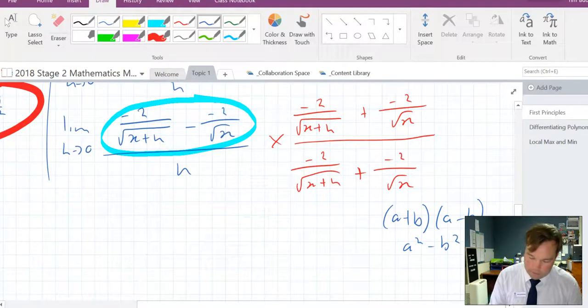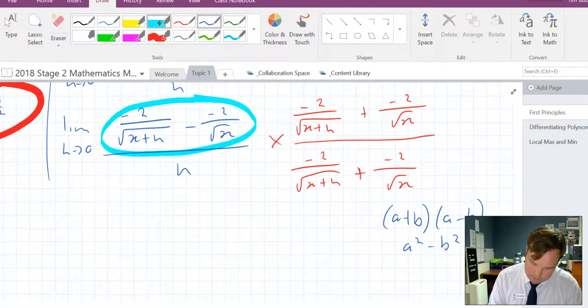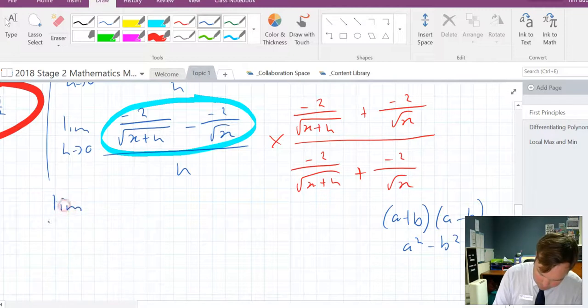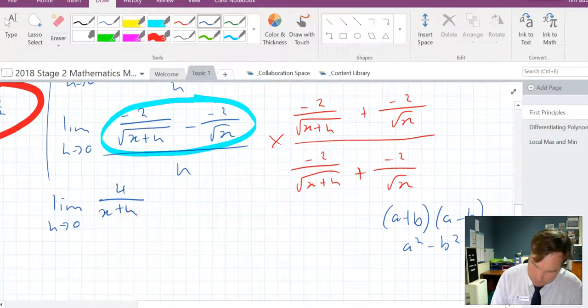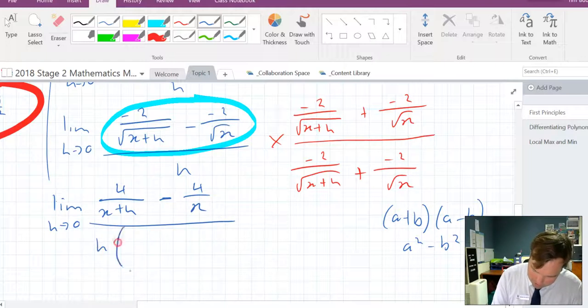Alright, so how does that work looking over here? Well, we multiply the left-hand side here by 1, and what we get, keeping the limit as h approaches 0, is that the first terms are multiplied together and squared, so that's positive 4 over x plus h, because square root times square root disappears, which is lovely, minus 4 on x, and that is all over h times this bottom bit, minus 2 on root x plus h plus minus 2 on root x.